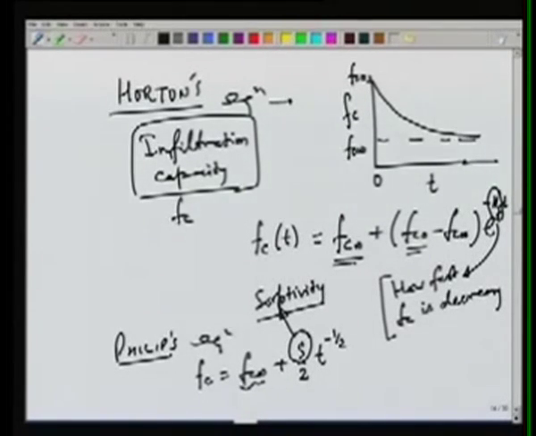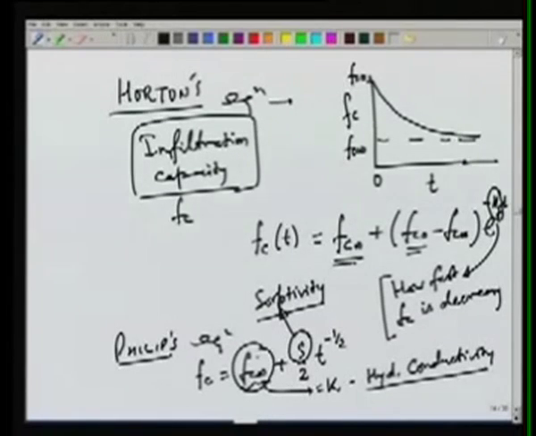Fc infinity is generally taken as equal to K, which is the saturated hydraulic conductivity. So Fc can be given as K plus S by 2 t to the power minus half. There could be a lot of other equations.